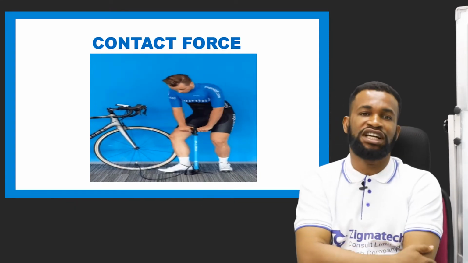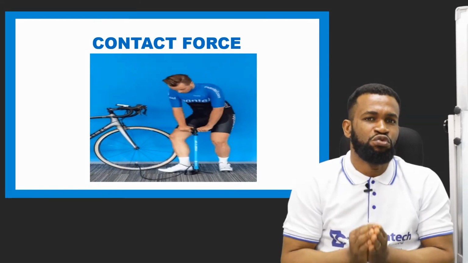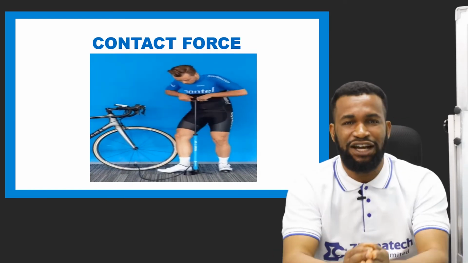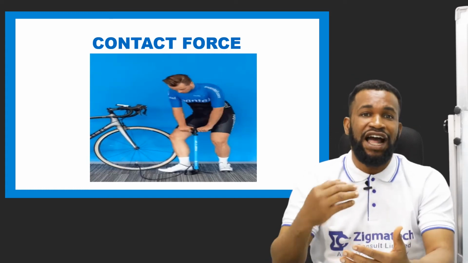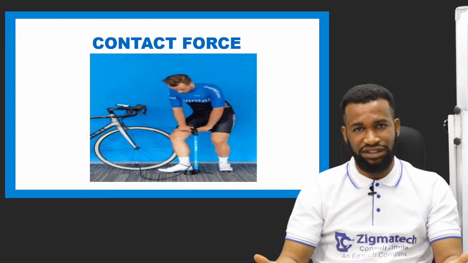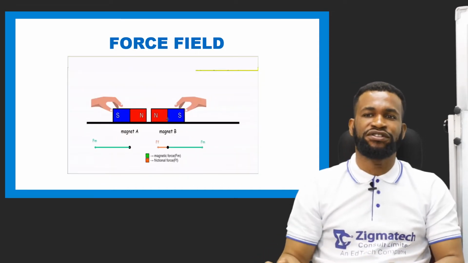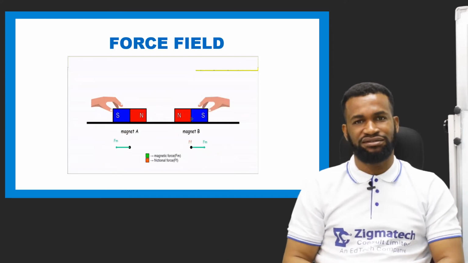A contact force is a kind of force applied on a body with contact. That means there must be a contact at which the force is applied. That is contact force.